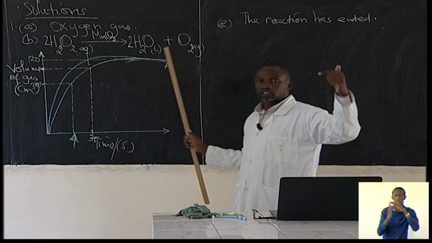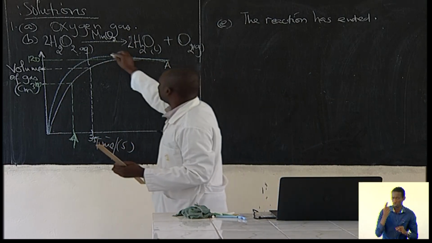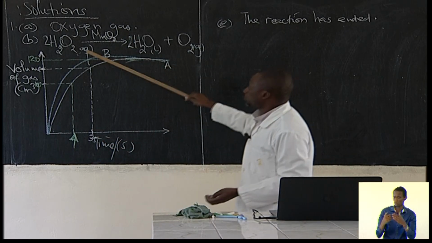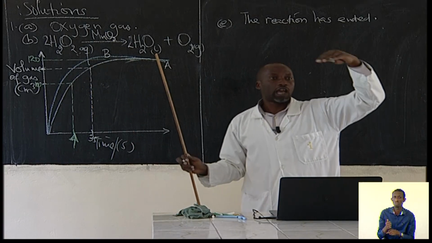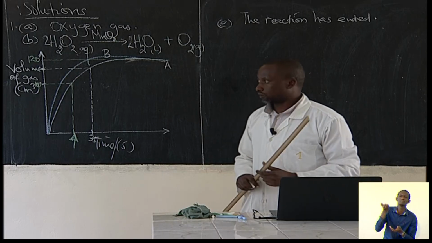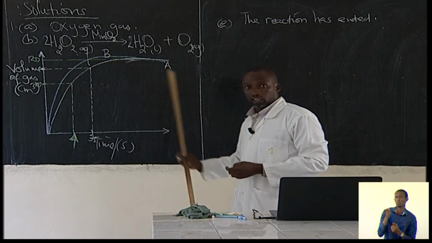But one is faster than the other. So we label this one B. So it should be slightly above this A because of the high temperature and the increase in the rate of the reaction. So that is why it is slightly above this A.